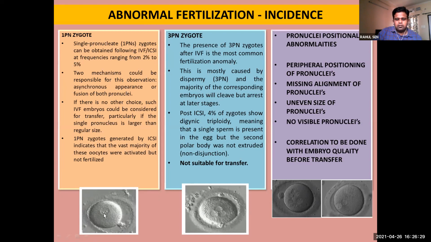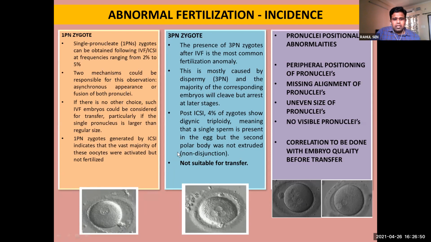So this particular pronucleus may have been provided by the sperm. If there is no other choice among the remaining embryos, the transfer can proceed, and this embryo may lead to a good outcome or pregnancy.